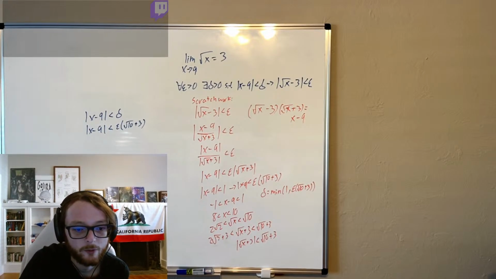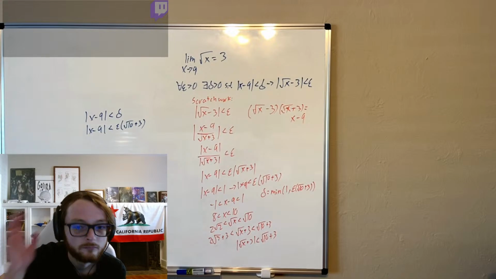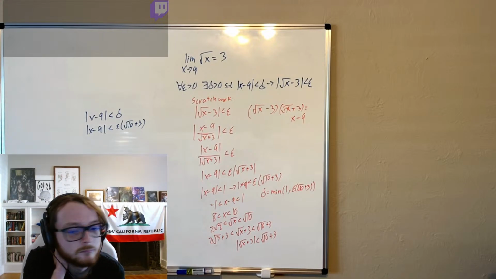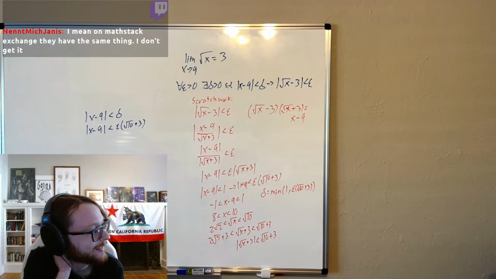So I'm trying to look at what we're doing for other epsilon delta proofs. Yeah, I just get stuck on the actual mechanics of this proof.